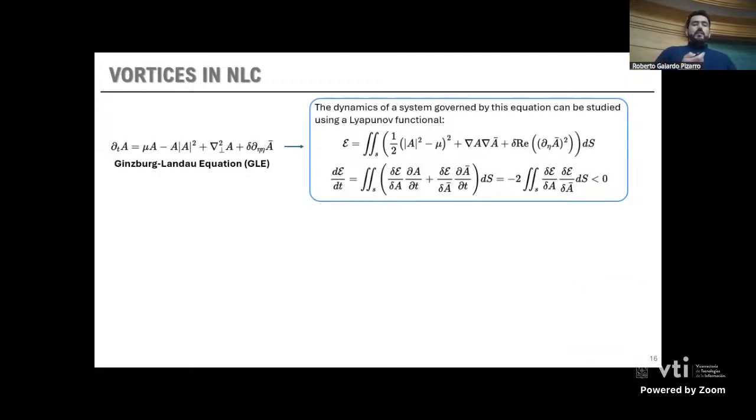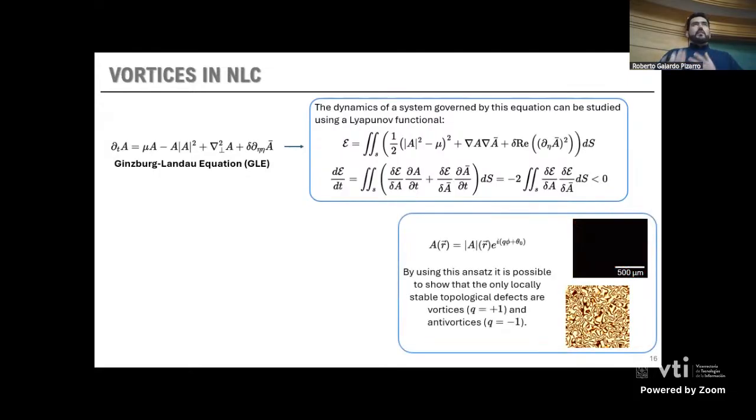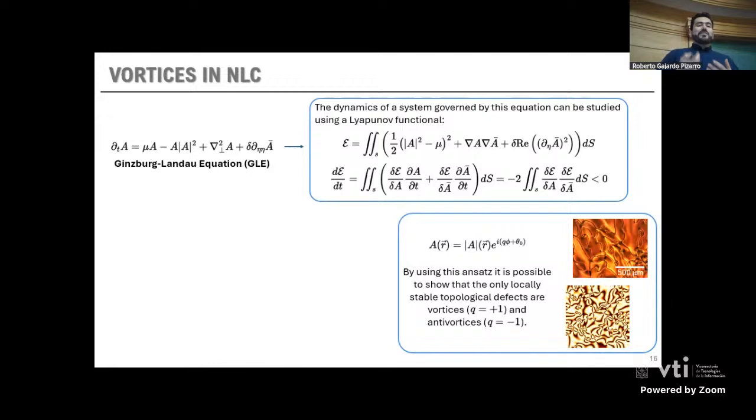In particular, if we use an ansatz using arbitrary topological charge, and after straightforward calculations using the condition in the Lyapunov functional, we can find that the only topological defects that are locally stable in the system are the ones with +1 topological charge that we call vortices and -1 topological charge that we call antivortices.